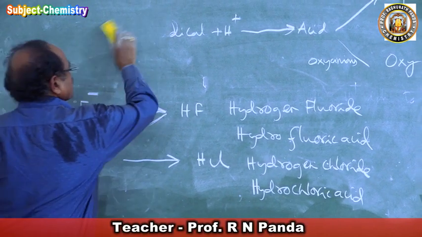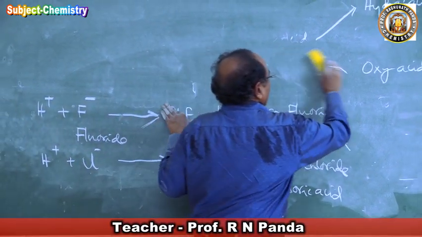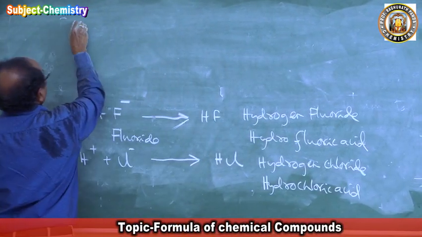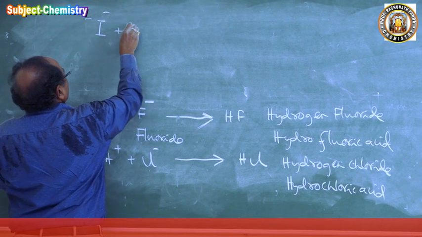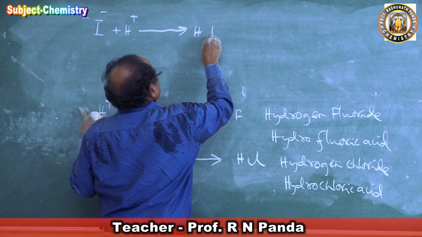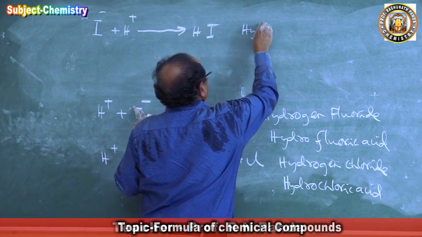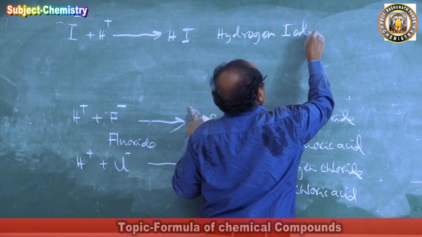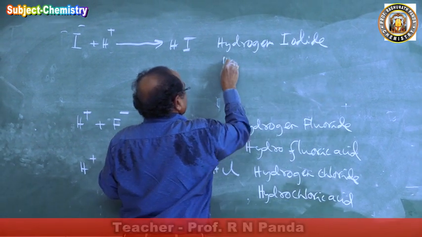You were in a state of confusion, but now you know how we got the name. Now let's come to iodide. We have I minus combined with H plus. This forms HI, hydrogen iodide, or hydroiodic acid.